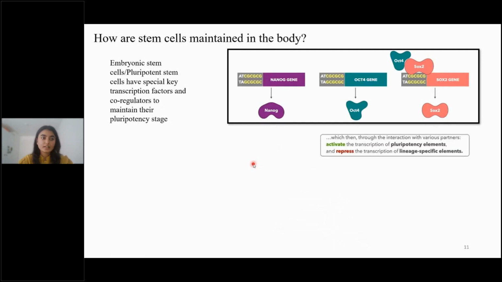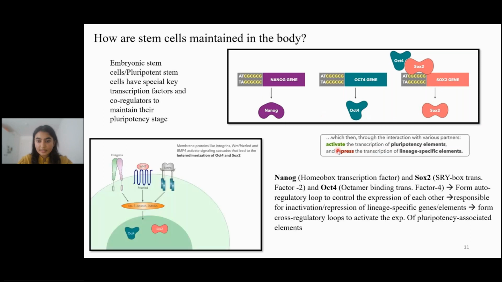So when we say a stem cell, what are the basic inner mechanisms which make a cell behave like a stem cell? These are the three main genes which are responsible. Once a cell expresses these genes, it means that the cell is pluripotent. Through their interactions with various partners, obviously the genes form proteins, right?